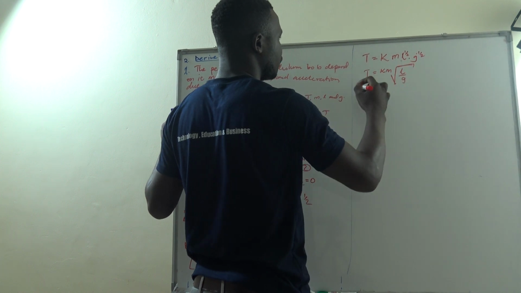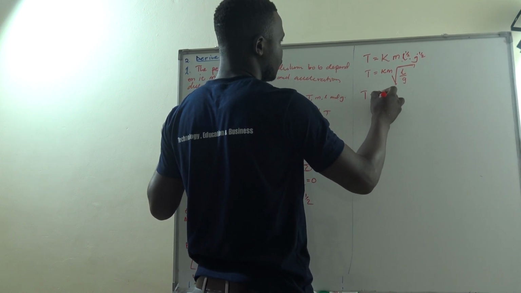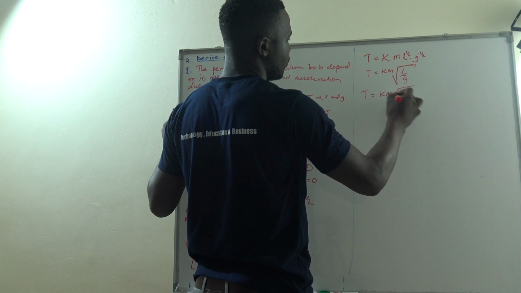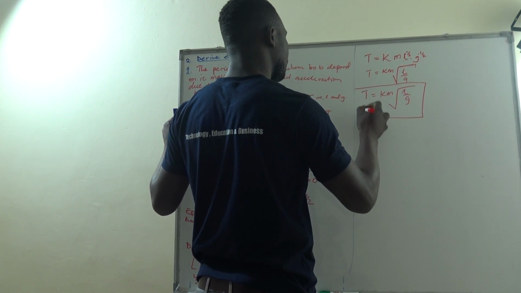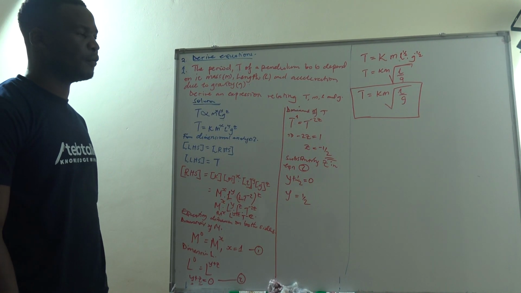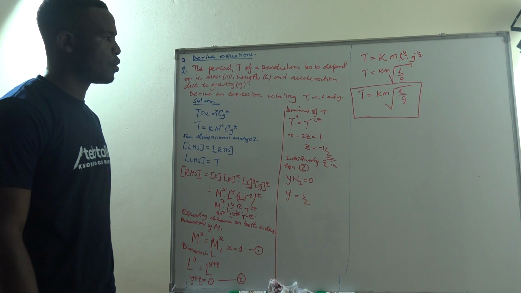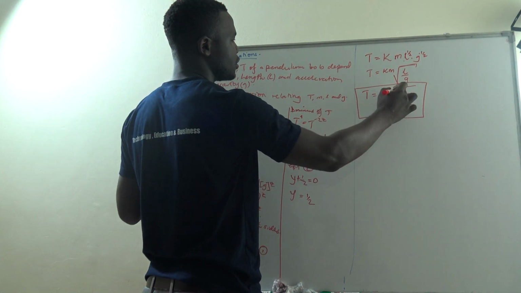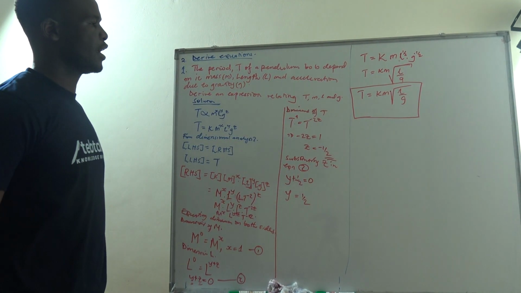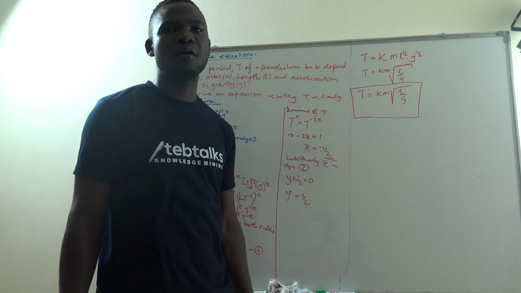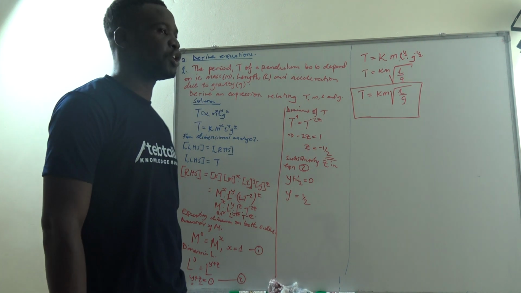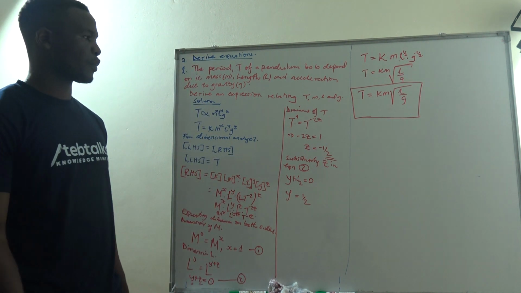This is the expression for the time period of a pendulum bob, where k is a dimensionless constant that can be gotten experimentally, m is the mass of the bob, l is the length, and g is the acceleration due to gravity.